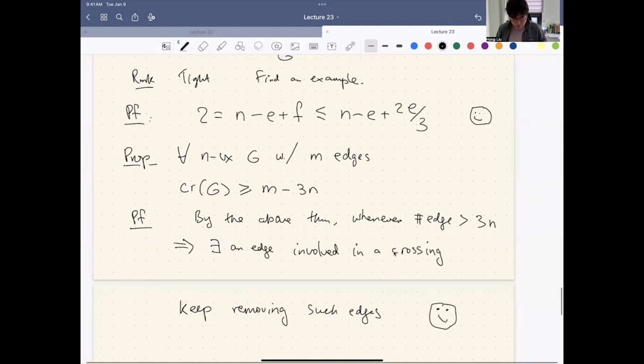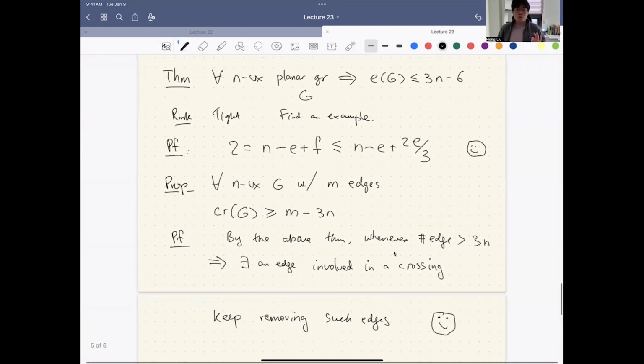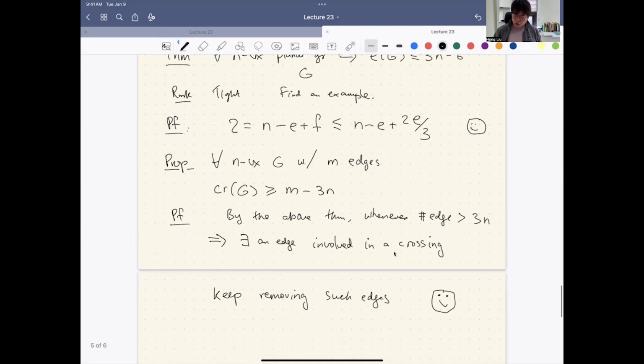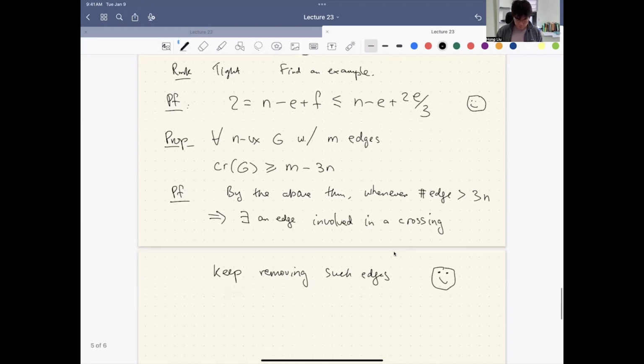This bound looks very simple and easy. It's not performing very well. It performs well when the graph is sparse, when m is say linear in n. So the remark is that this bound is no good for dense graphs.